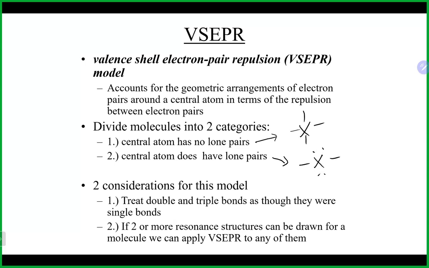Depending on whether there are dots or no dots, that will determine the names of the electron pair geometry and the molecular geometry, and whether they will be the same or different names.